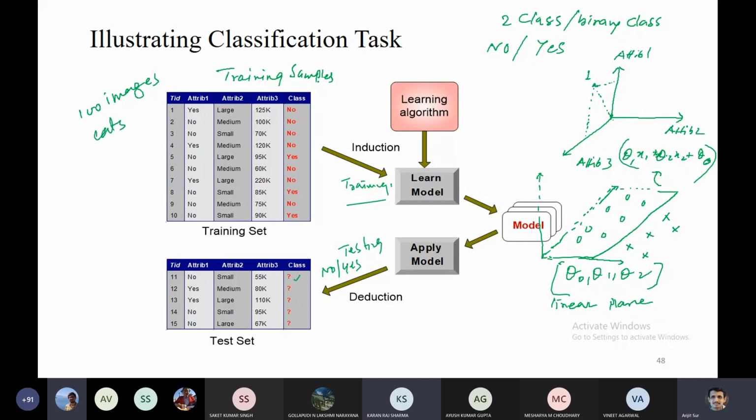Now each image is a training sample. But in case of testing you give a new cat image that does not belong to the training samples. Yes, sir, got it, sir. Thank you, sir. So this is the way of the classification test.